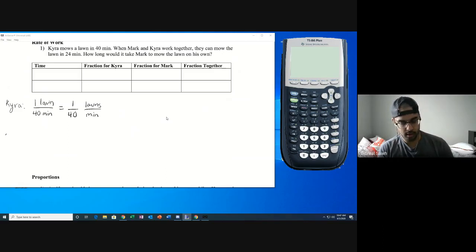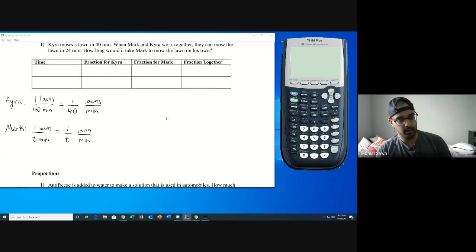For Mark, he could do one lawn in an amount of minutes we're not sure about. So you can say this is 1 over t lawns per minute, because we don't know how long it's going to take him. That's what we're trying to find.